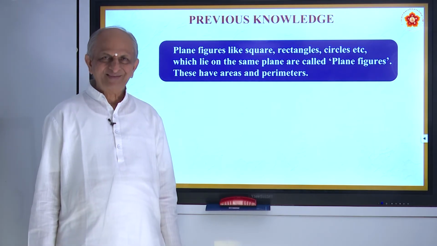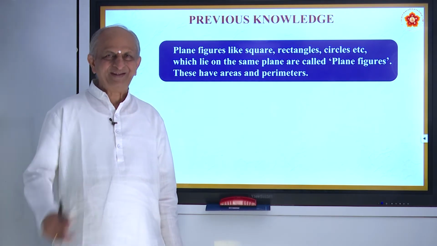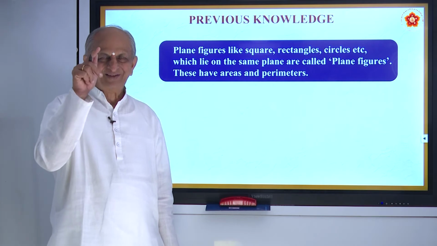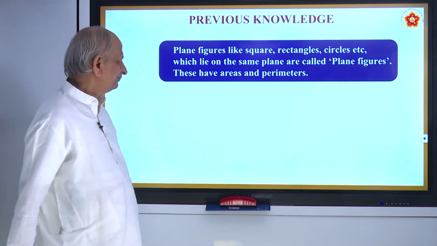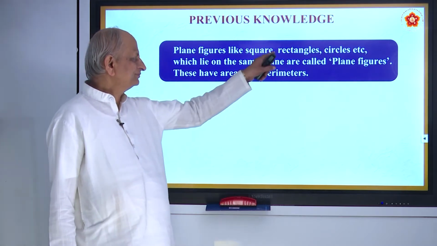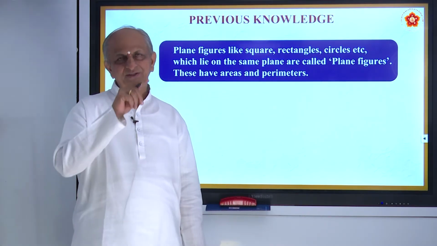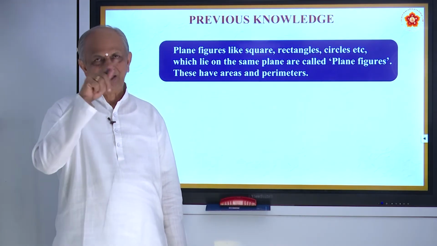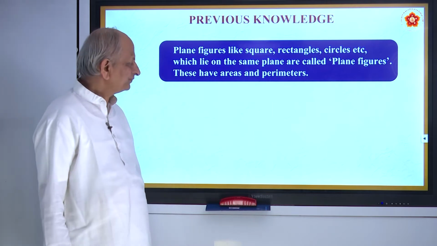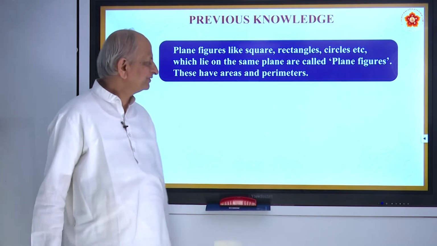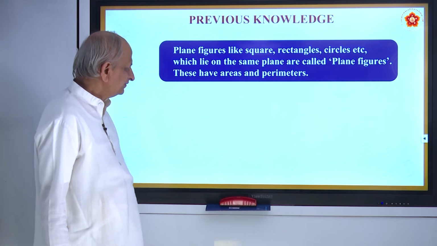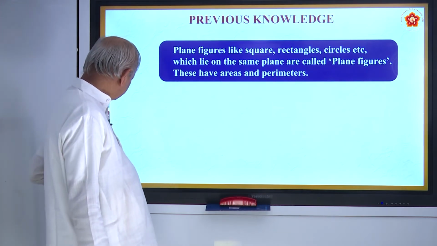You heard about square? What is the speciality? It has got a length and breadth, both are equal. Rectangle has length and breadth different. All the angles are 90 degrees, right? Circles also, you have seen all these things, and they are called plane figures.